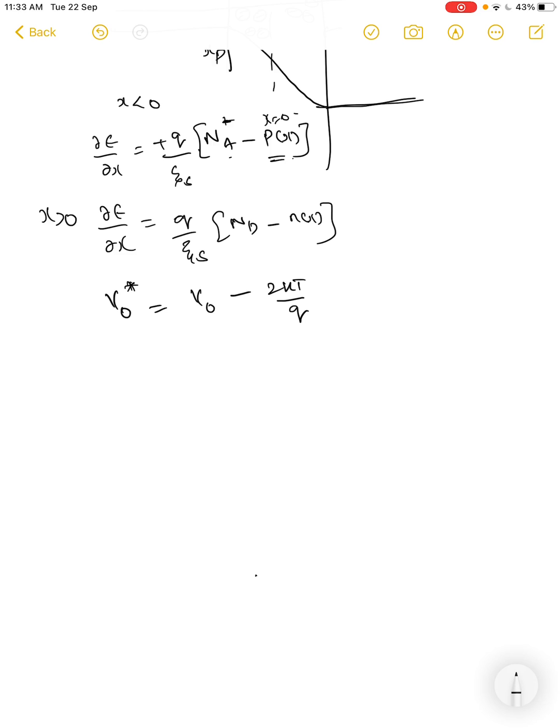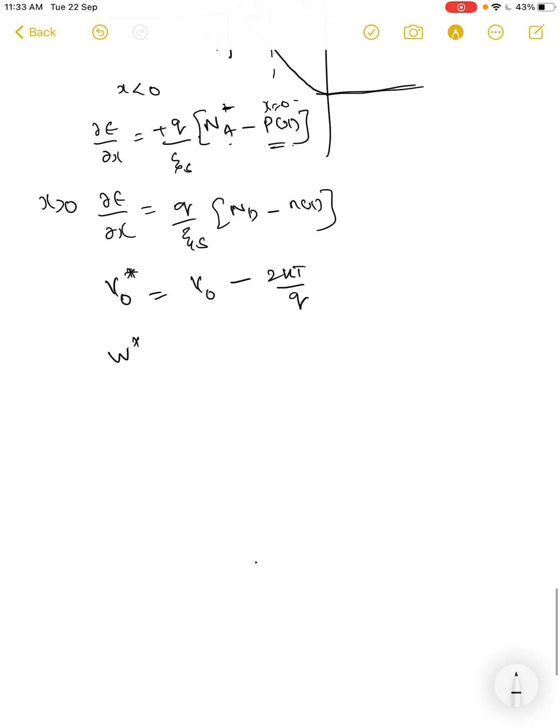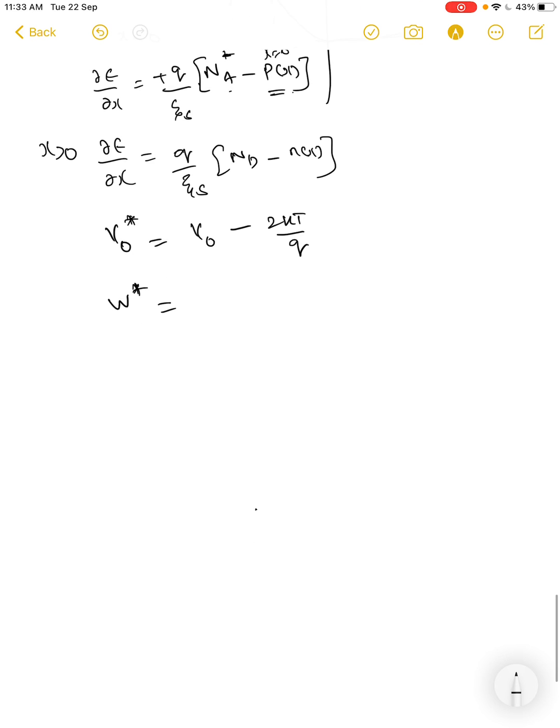Given this, the actual width will turn out to be the square root of 2 epsilon s by q times (1/NA plus 1/ND) times VBI, the original VBI, minus 2kT by q.